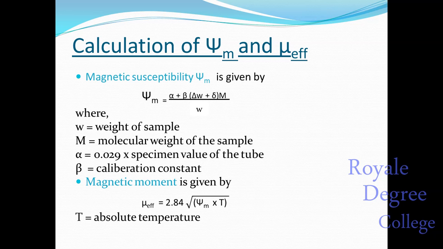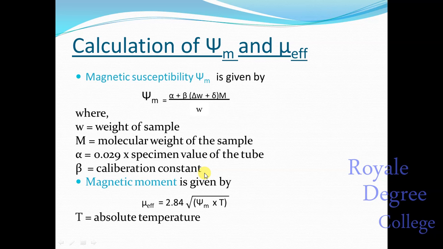It is indicated with psi base m, and the magnetic moment, that is mu effective. The magnetic susceptibility psi base m is given by this equation: psi base m is equal to alpha plus beta into delta W plus delta, into capital M divided by W, where W is the weight of the sample, capital M is the molecular weight of the sample, alpha is equal to 0.029, a constant value, into the specific value of the tube.